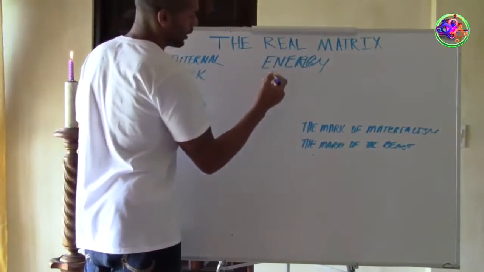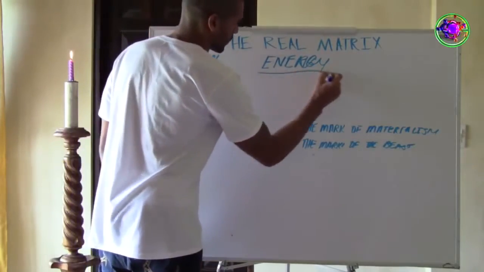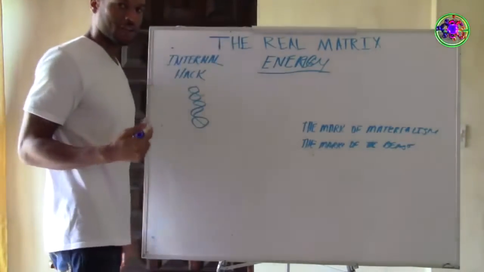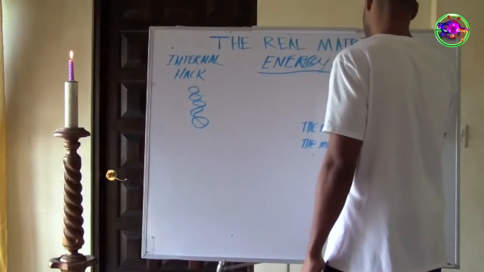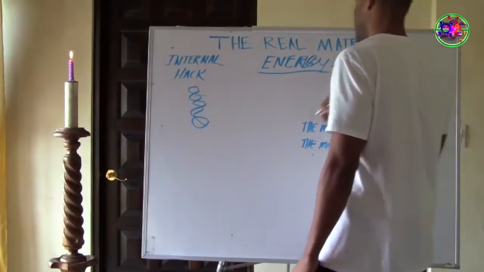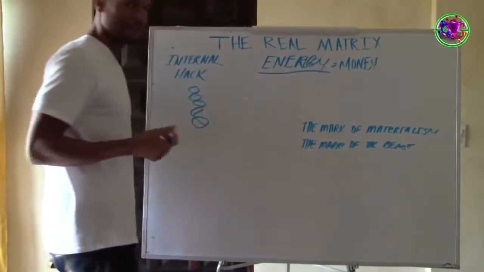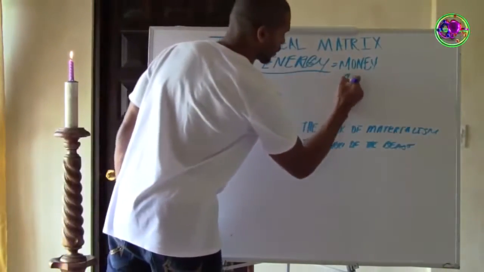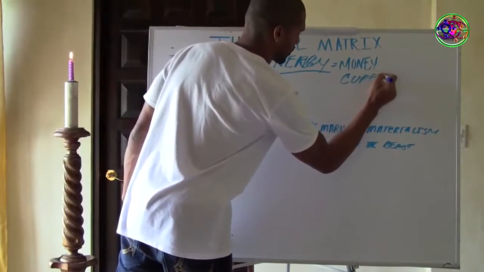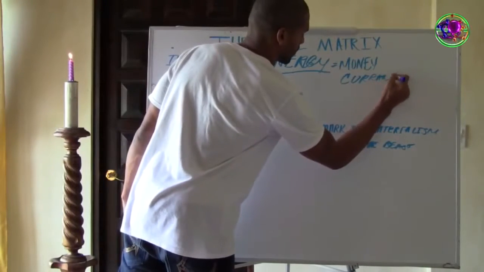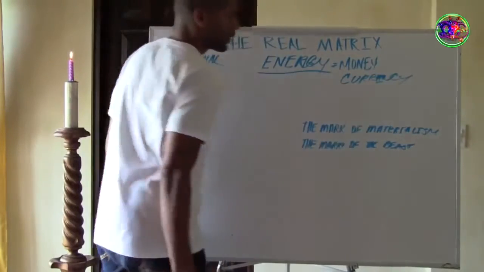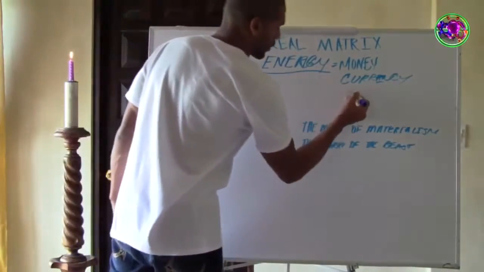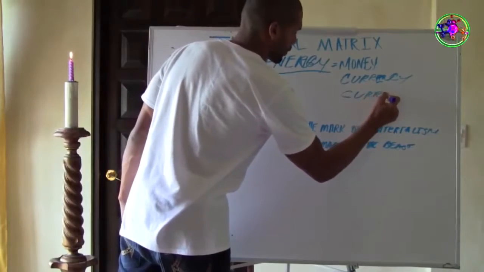But the energy here on this dimension has been turned into money. And this is why money is given a term like currency, which is, of course, the root word for current.